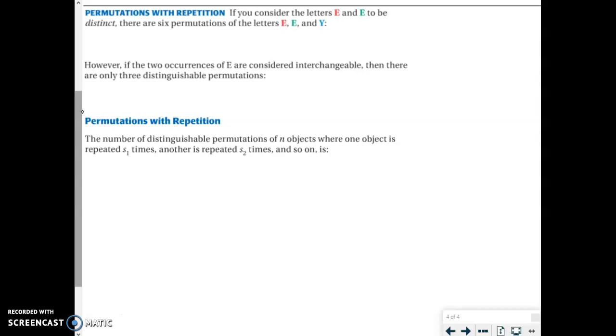However, if you take the E's to simply be E's and you don't care about their color, then there are only 3 distinct permutations that we would have. We'd have EYE, EEY, and YEE, okay?